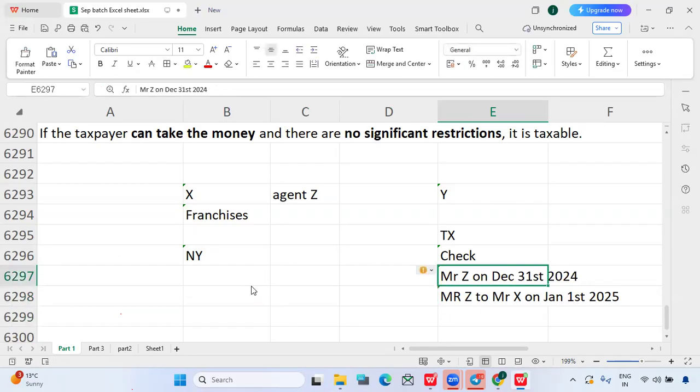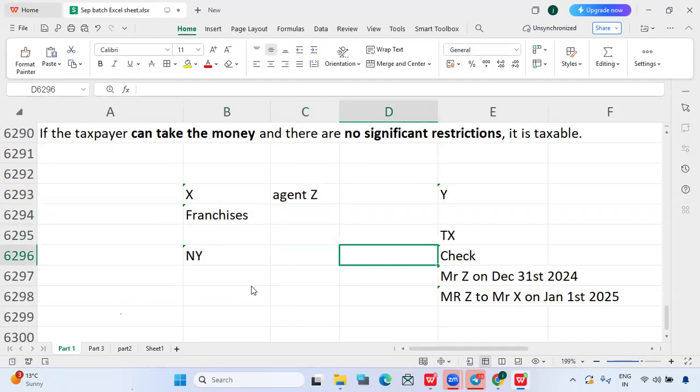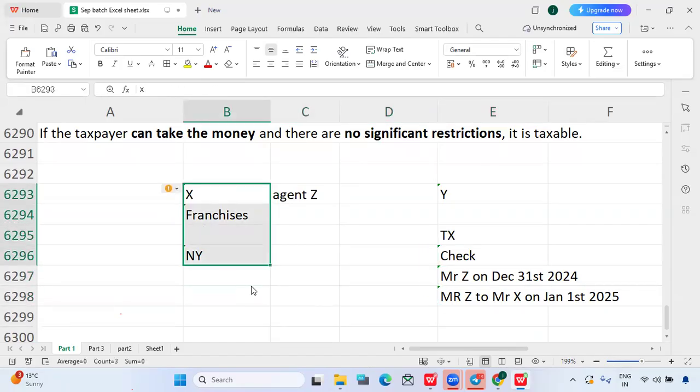Now, when to recognize it as income? X actually received it on January 1st, but Z received it on December 31st. So is it income in 24 or 25?